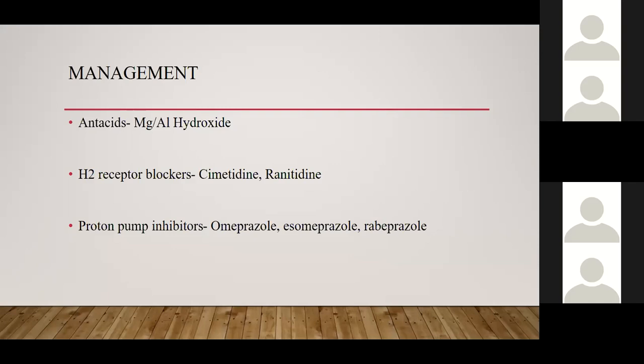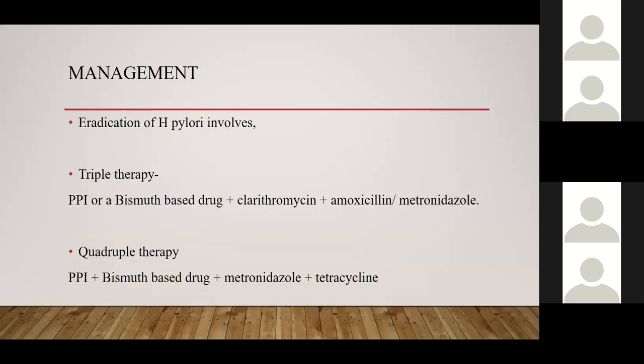Be mindful when you're putting your patient on that. If your antacid contains magnesium alone, your patient can come to you with diarrhea. If the antacid contains aluminum, the patient can come to you with constipation. Okay, so these are things that you should know as side effects of your medication.